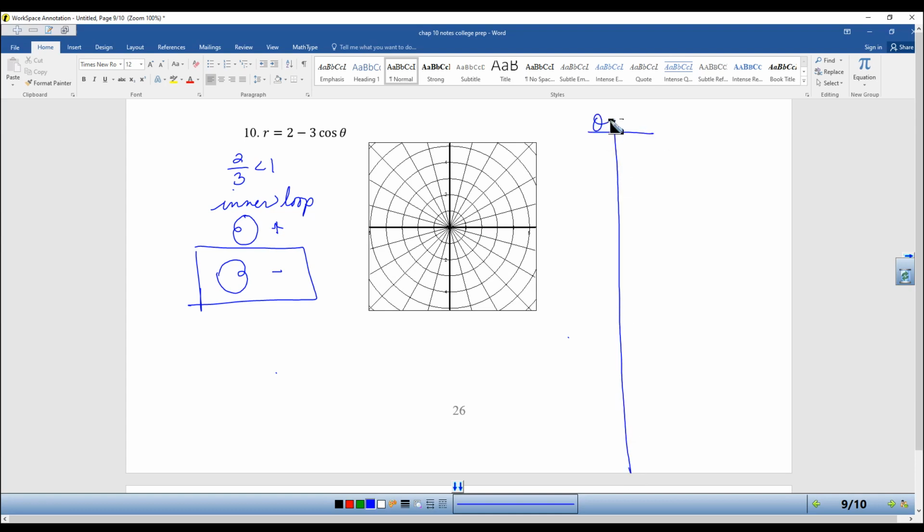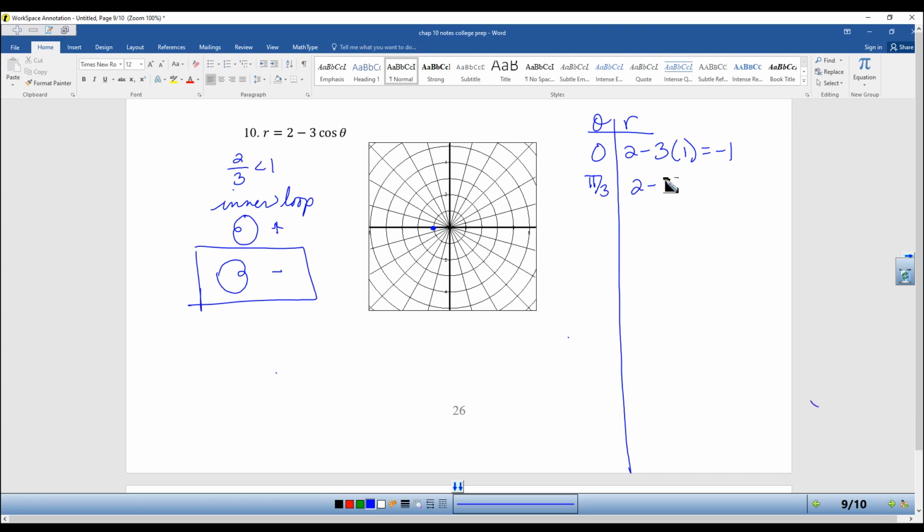So I'm going to start with 0. 2 minus 3 cosine of 0 is 1. I'm at -1. And I'm going to see if we can do this by skipping pi/6 and pi/4, which are not going to have nice answers, and skip all the way to pi/3.